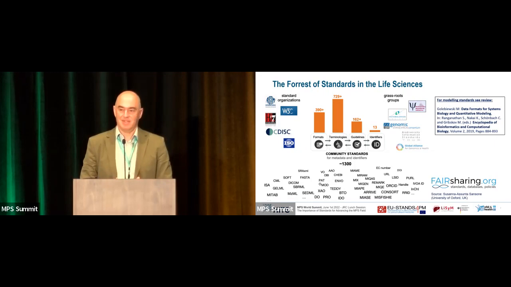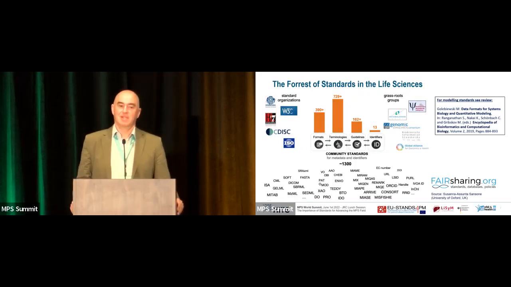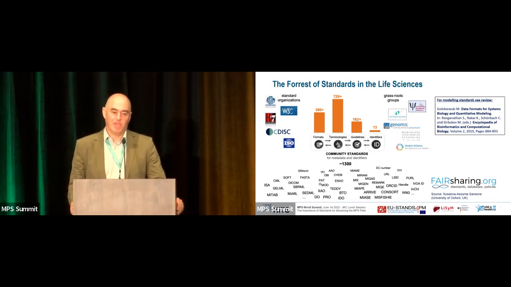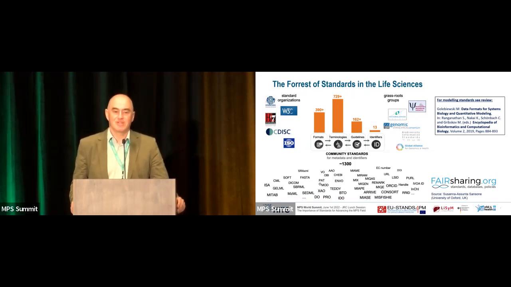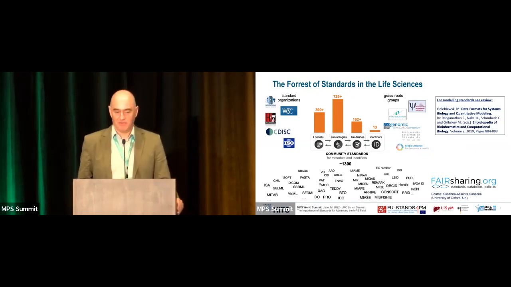So to make the data also available for machine access, not only for human access, it needs to be formatted in a standardized way to actually describe in a consistent way the biological context and also what the data is about. You have also terminologies for the semantic descriptions of the data content and of the biological material behind. And finally, you have also minimal information catalogs. I mentioned that before. So guidelines, what kind of metadata is needed for what kind of data.